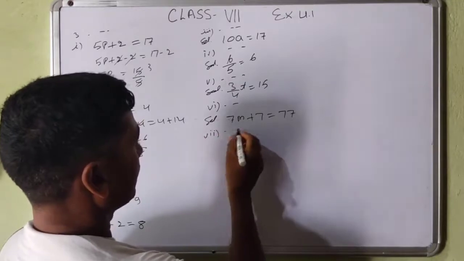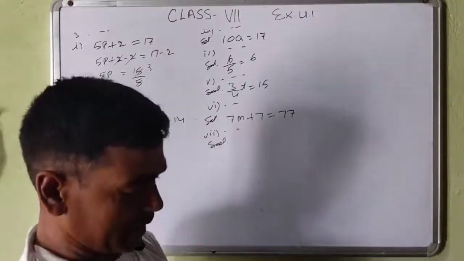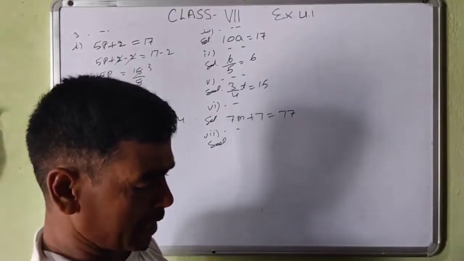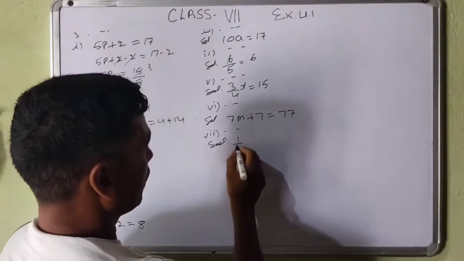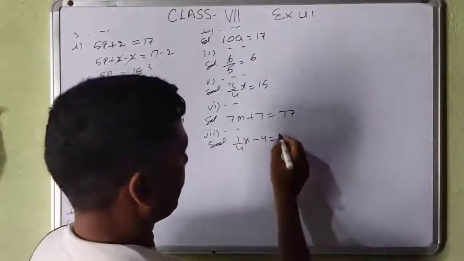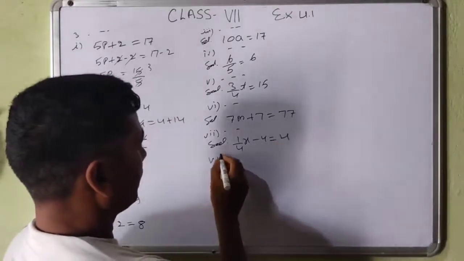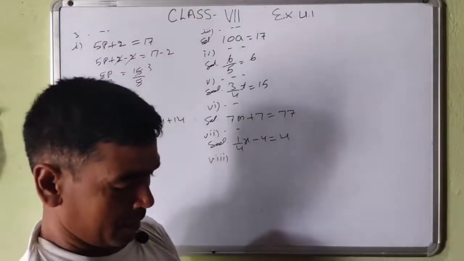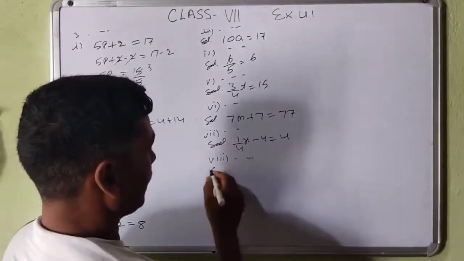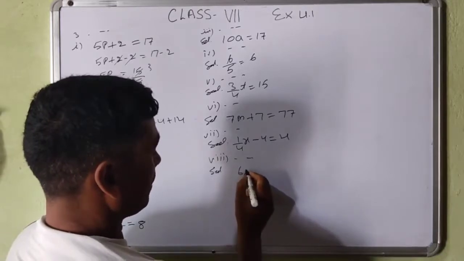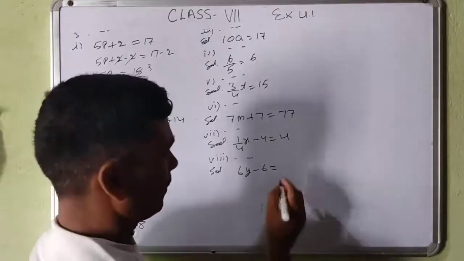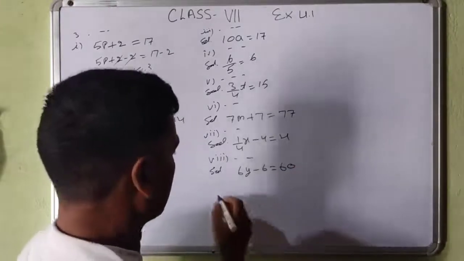Seventh part: 1/4 of a number x minus 4 is equal to 4. Eighth part: if you take away 6 from 6 times y, so 6y minus 6 is equal to 60.